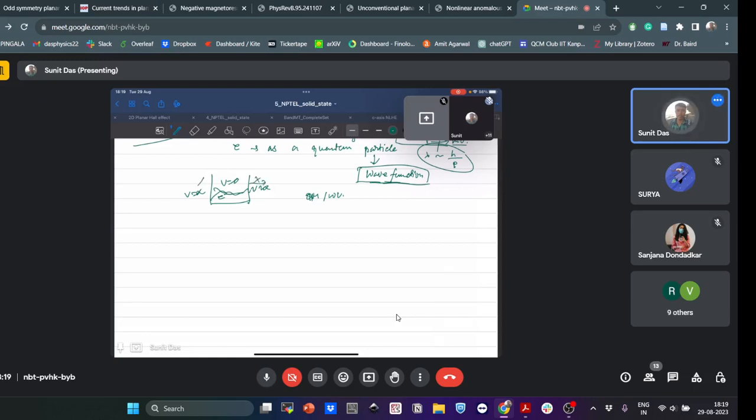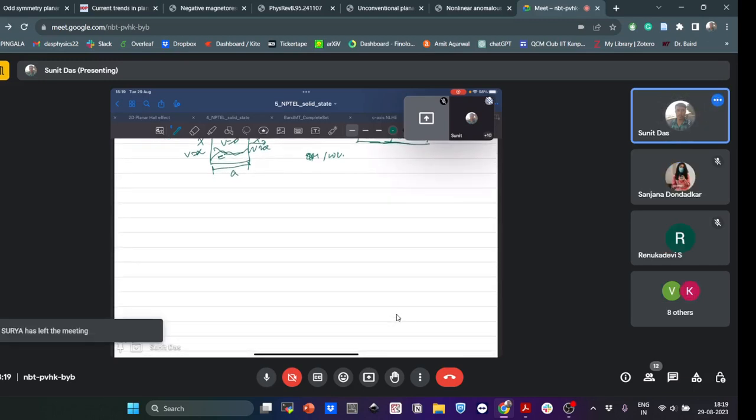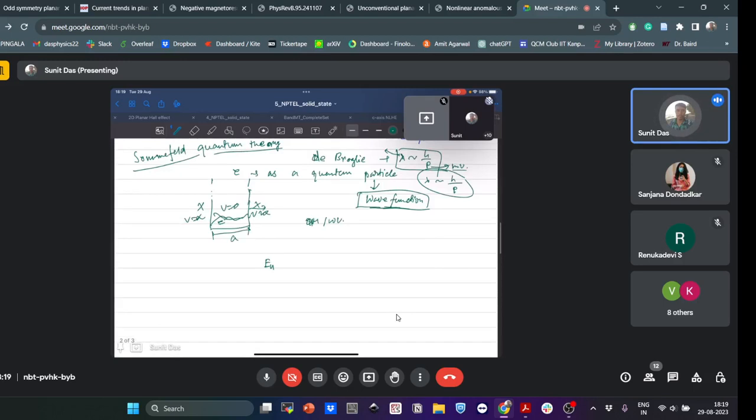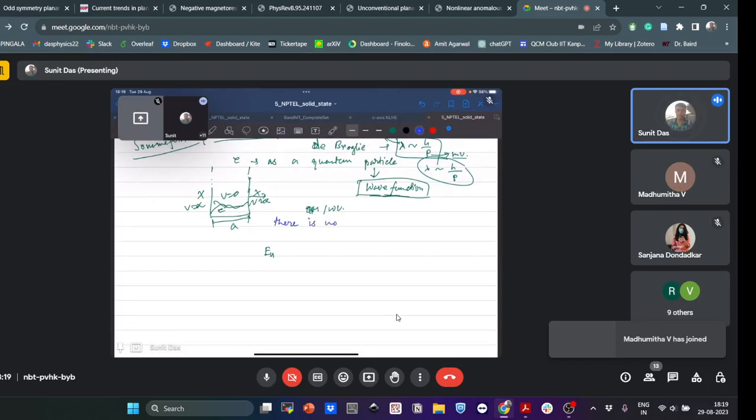And let's say the width of the infinite potential well is a. First of all, the energy will be quantized. So there is no continuous energy.